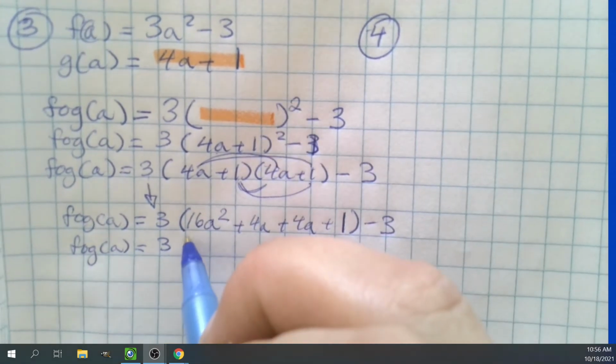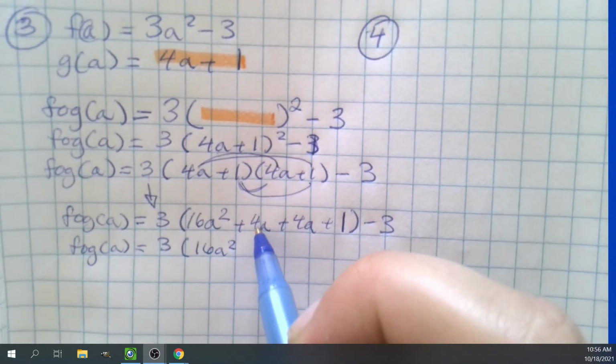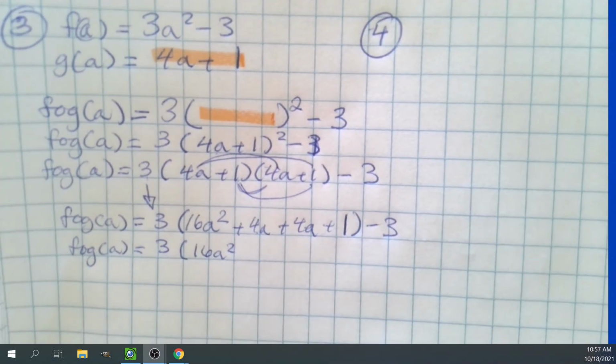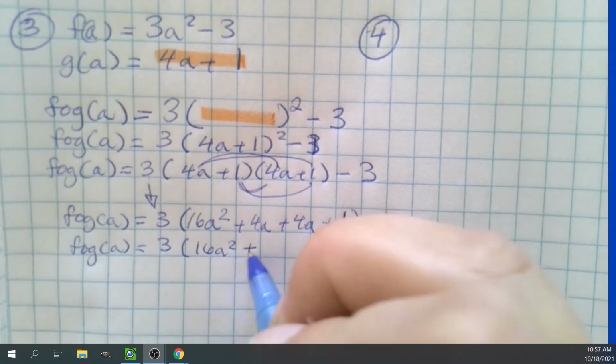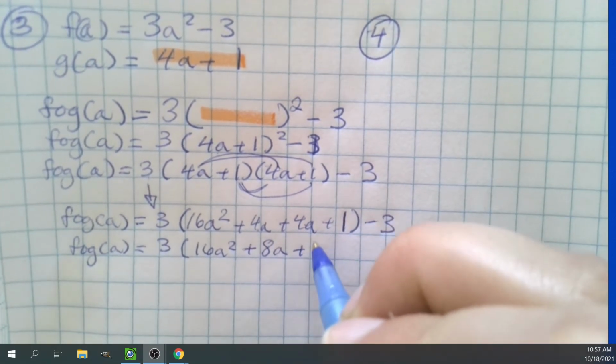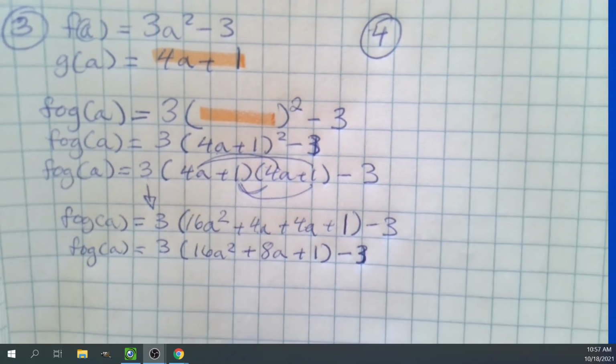Then we combine like terms inside the parentheses. What's 4a plus 4a? 8a. Sorry, that's a 3. I keep wanting to change that to a 1.